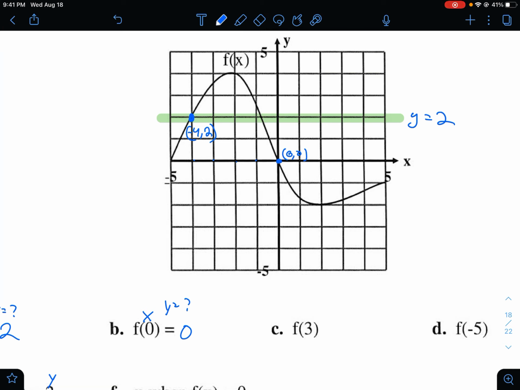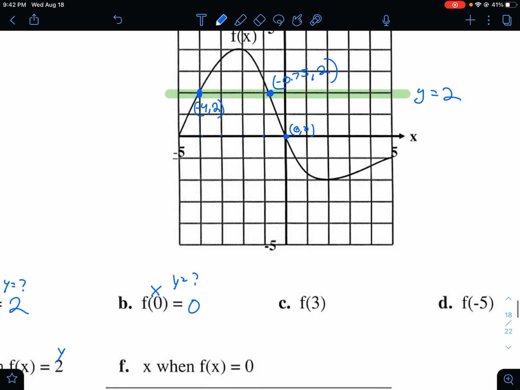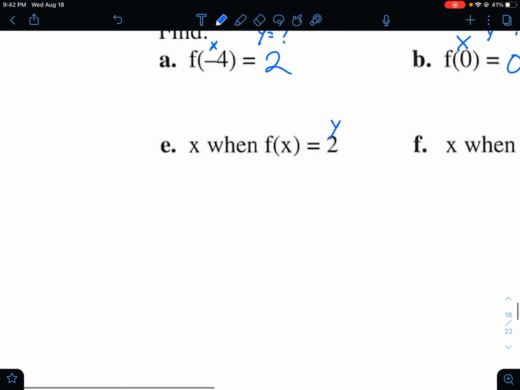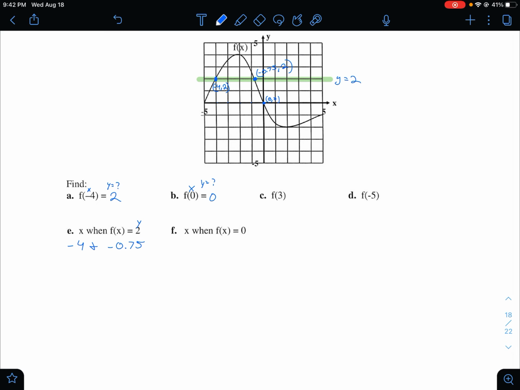You can see that this function has a y value of 2 at -4, and then it's also going to have a y value of 2 at about, let's say, -0.75. So you're actually going to have to put two answers there. It's -4 and -0.75. Those are a little bit trickier, but just be aware of that.